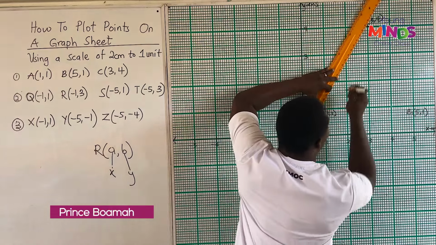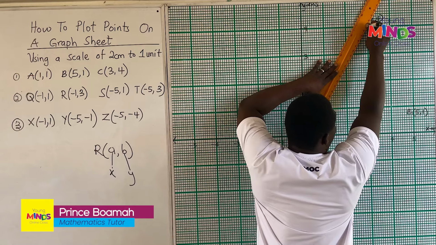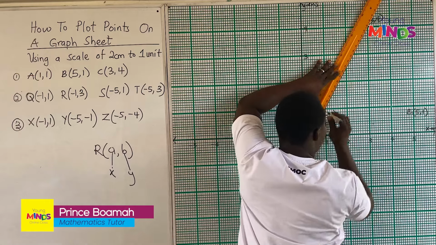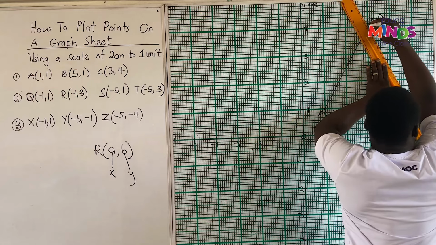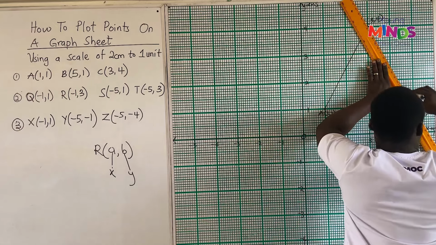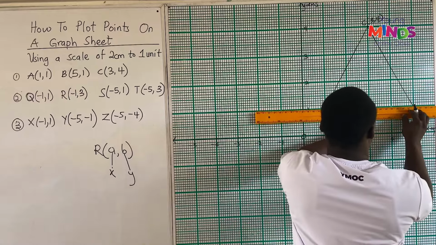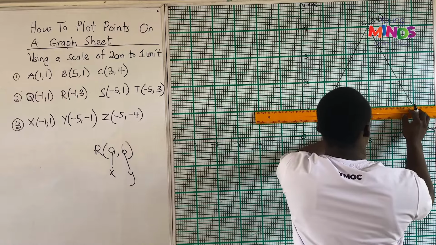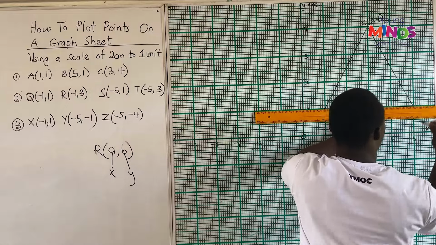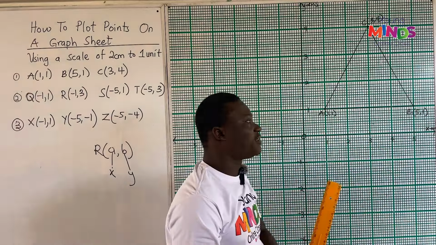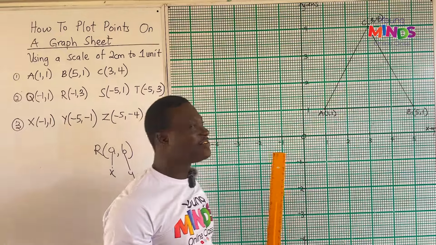We'll join the points AC. We have joined the 3 points. Yes, you got it. It is a triangle.